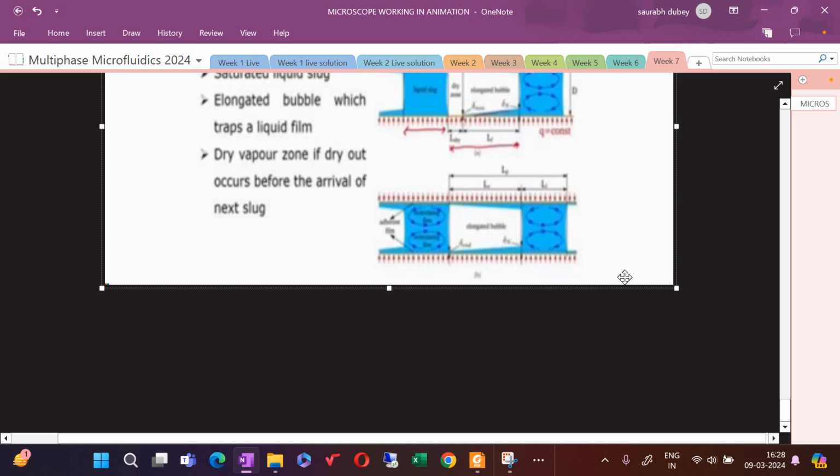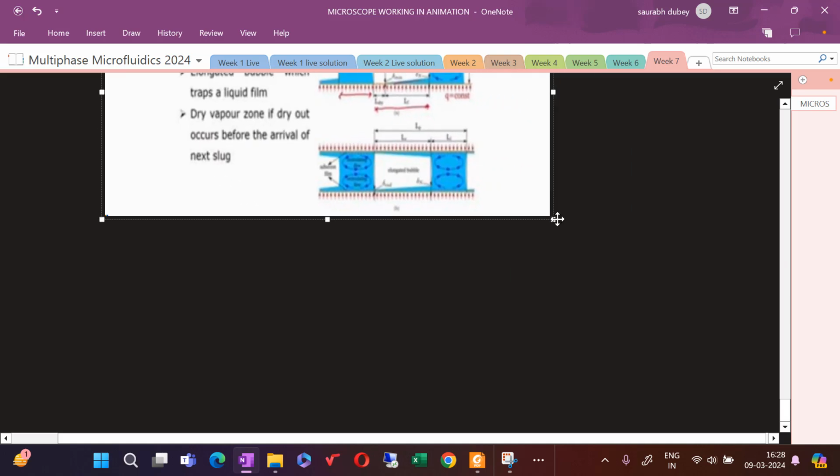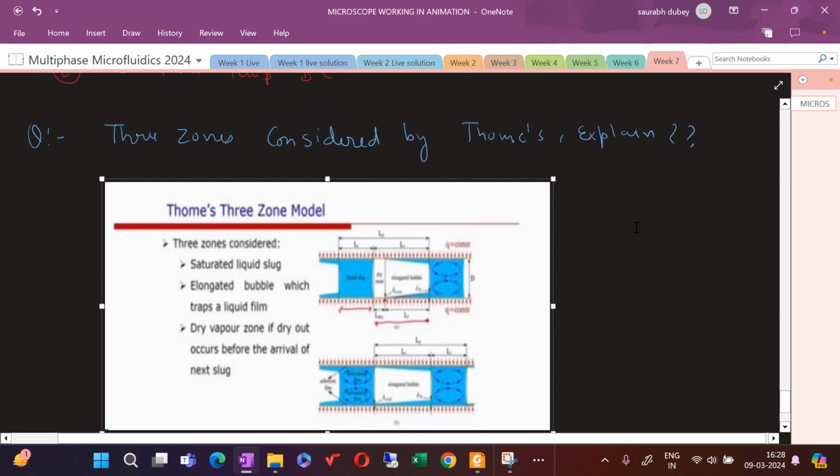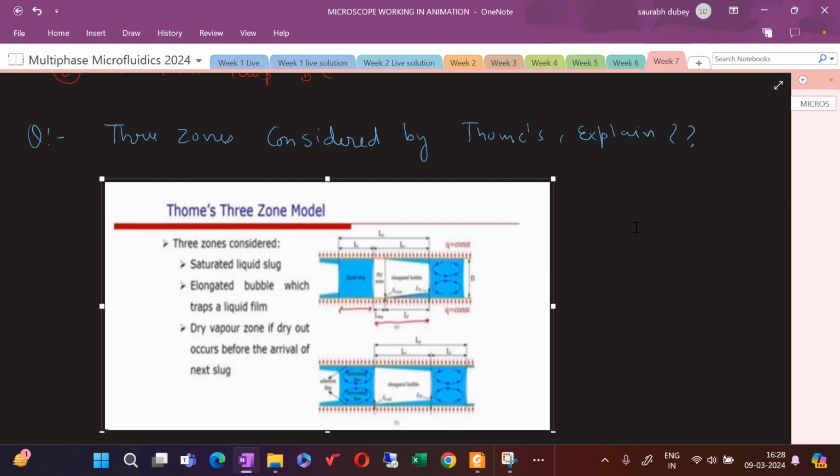So if you remember this, what it says is that there are three zones that have been considered. First one is the saturated liquid slug. Okay, and then there is an elongated bubble which traps a liquid film.